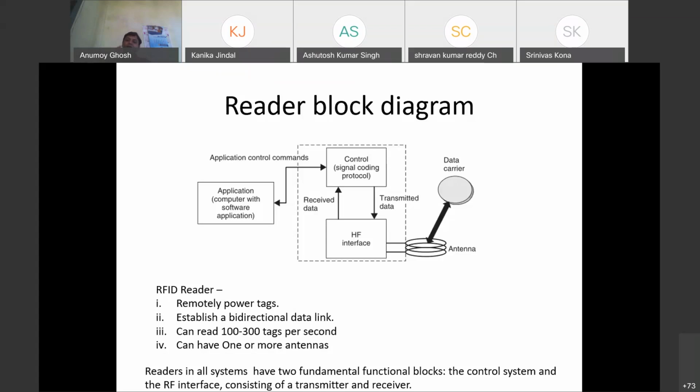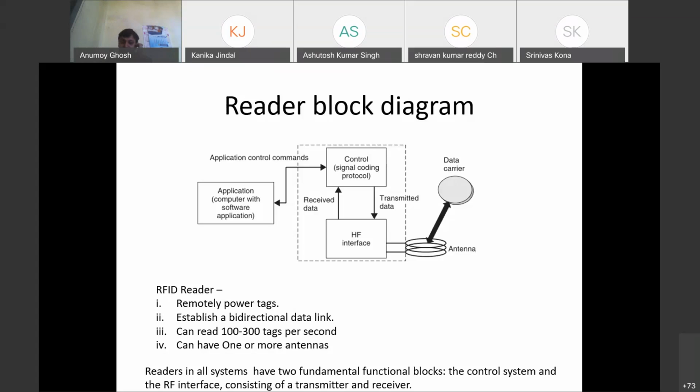Okay. So from the kilohertz range you have to up convert the frequency to the gigahertz range through this high frequency interface. Okay, and from that high frequency interface, the data will go to the antenna, and then the antenna will radiate the same data.